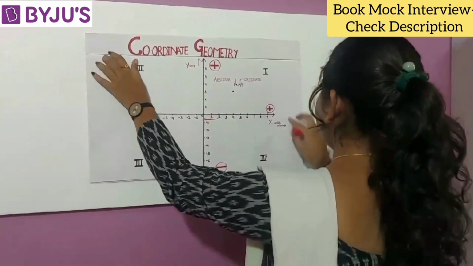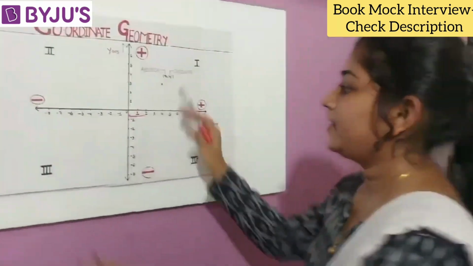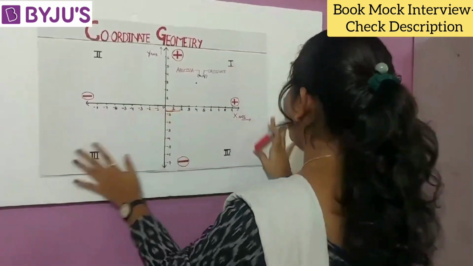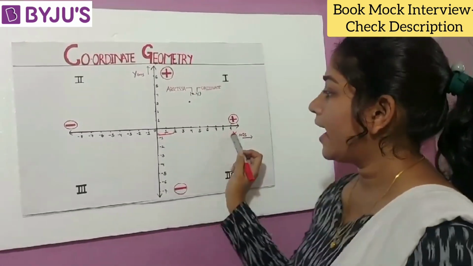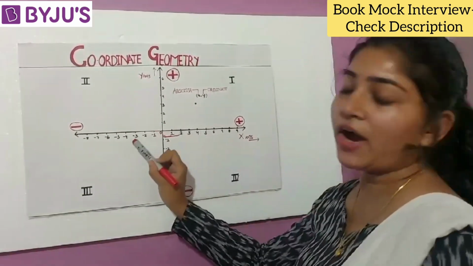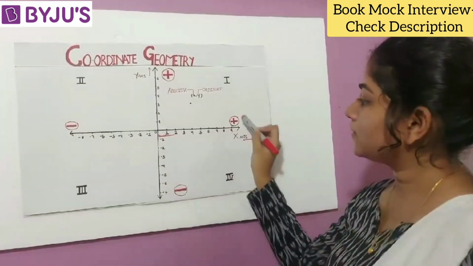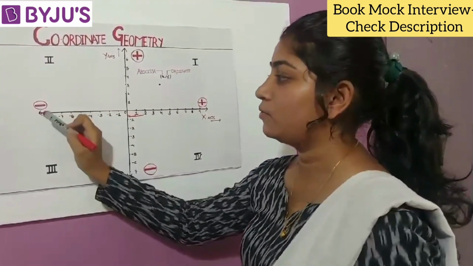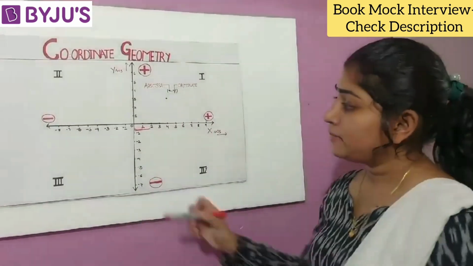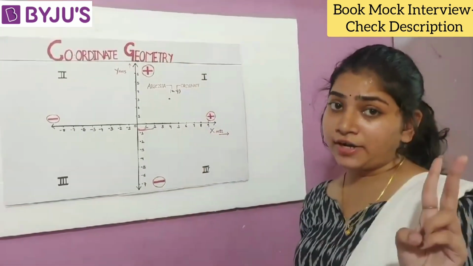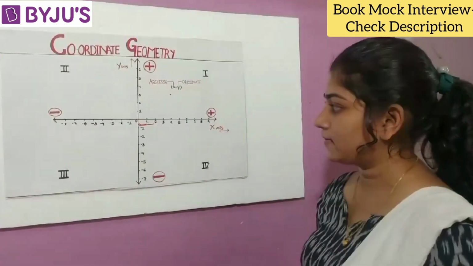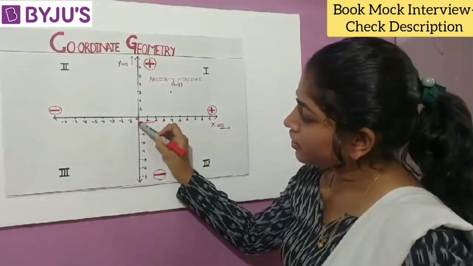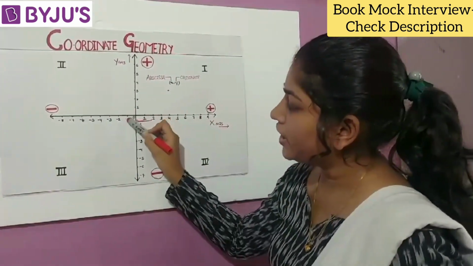Here, as I said before, this is the origin, here is the x-axis and here is the y-axis. The x-axis is divided into two parts, positive x-axis and negative x-axis. Similarly, the y-axis is divided into positive y-axis and negative y-axis. Here we can see the origin, which we name 0.